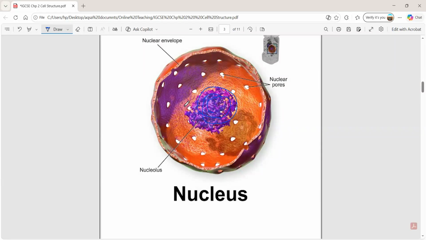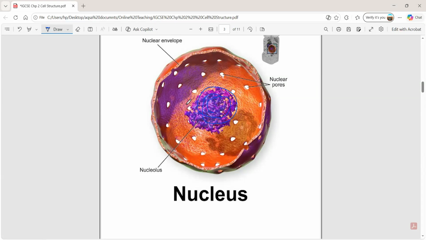Make sure that on the basis of the nucleus we classify organisms into two categories, prokaryotes and eukaryotes. Prokaryotes are those that do not have a well defined nucleus, but eukaryotes are those that have a well defined nucleus. The structures are clearly well defined. They have their DNA, chromosomes, surrounded by the nuclear envelope.